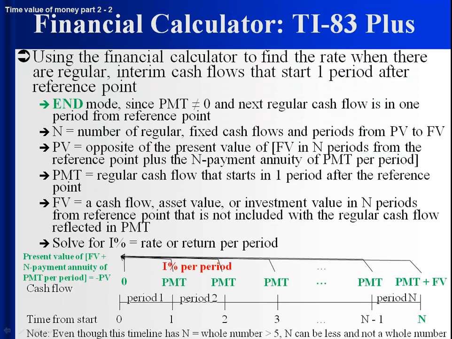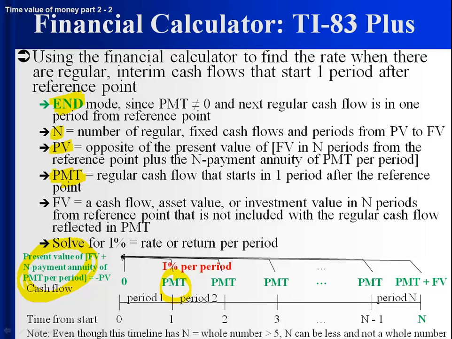So, as I said, you give it PV, which is the present value of the annuity or the annuity due. Suppose you have a case where you've got regular fixed cash flows. Give it PMT equals the amount of that. Put it in end mode so it knows that the first one's in one period.